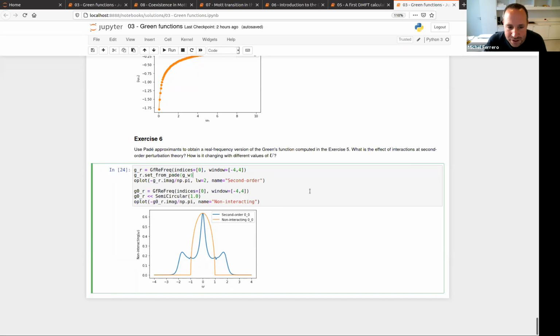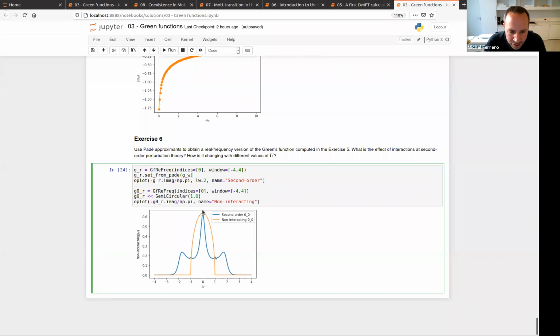So you see, by doing second order perturbation theory, I started from a semicircular G0 with no interaction. This is this guy. And then I've put some self-energy effects in my system at second order and obtained the interacting function, which is this blue one here. And you see, you start seeing quite a lot of structure.